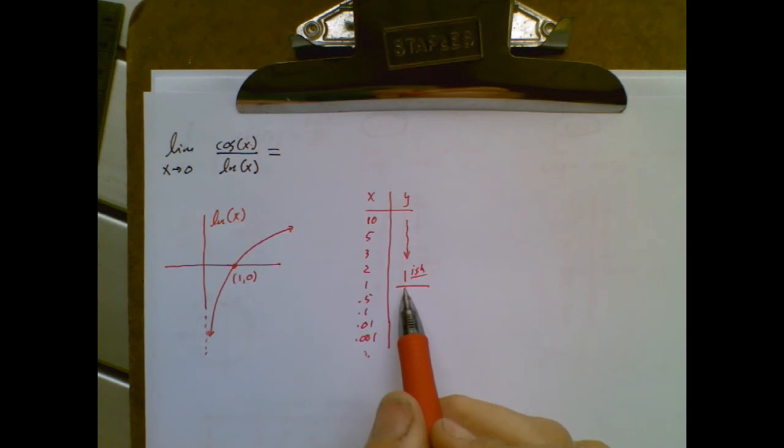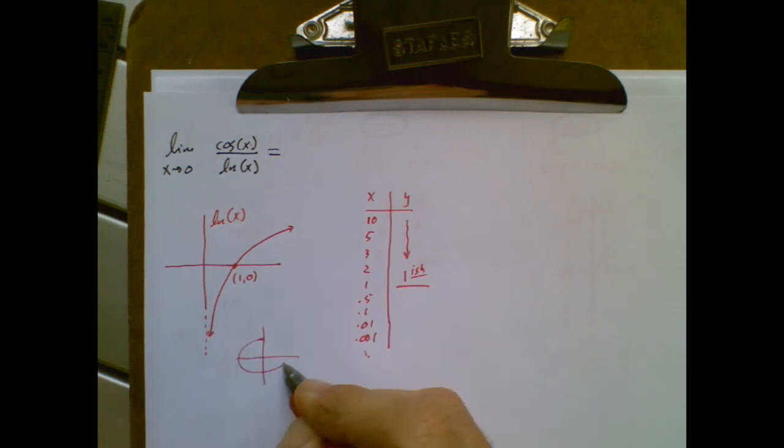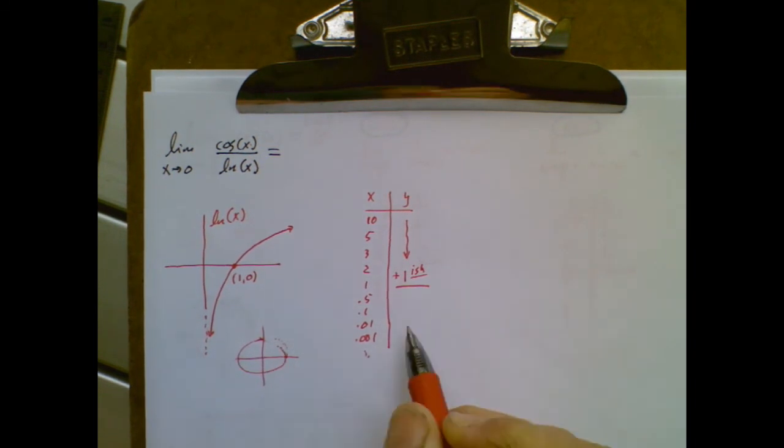And by the way, it's a positive 1, because if you think of the unit circle, as I'm closing in on 0 from the right, remember the unit circle is tricky, my cosine values are all positive as I approach that spot.